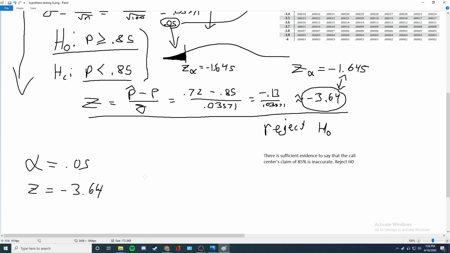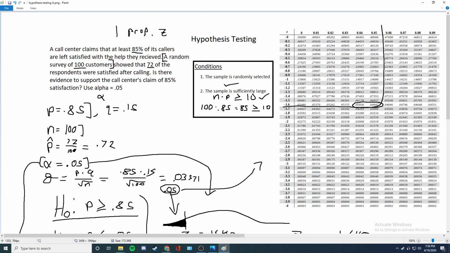Since it's a left-tailed test, if we want to reject, we need our p-value, or the area to the left of our Z, to be less than that 0.05.